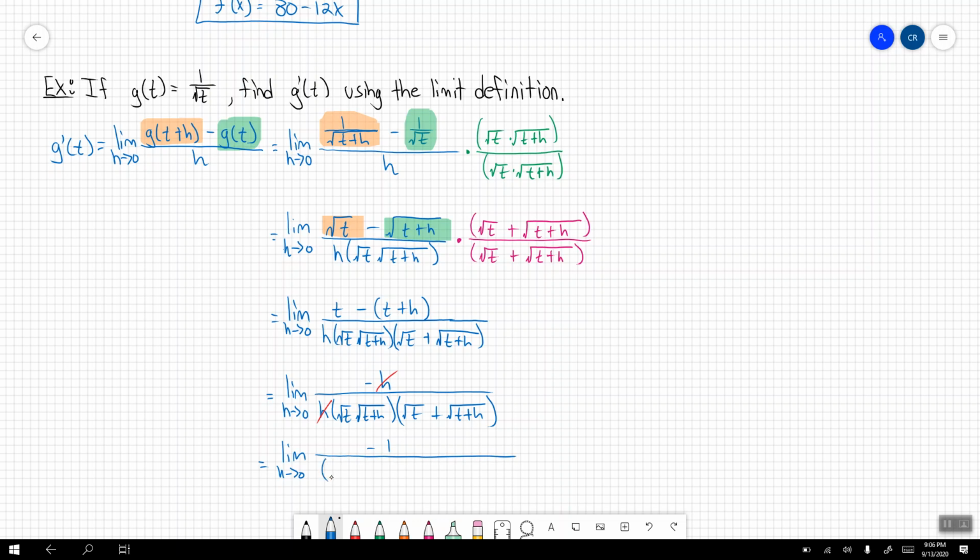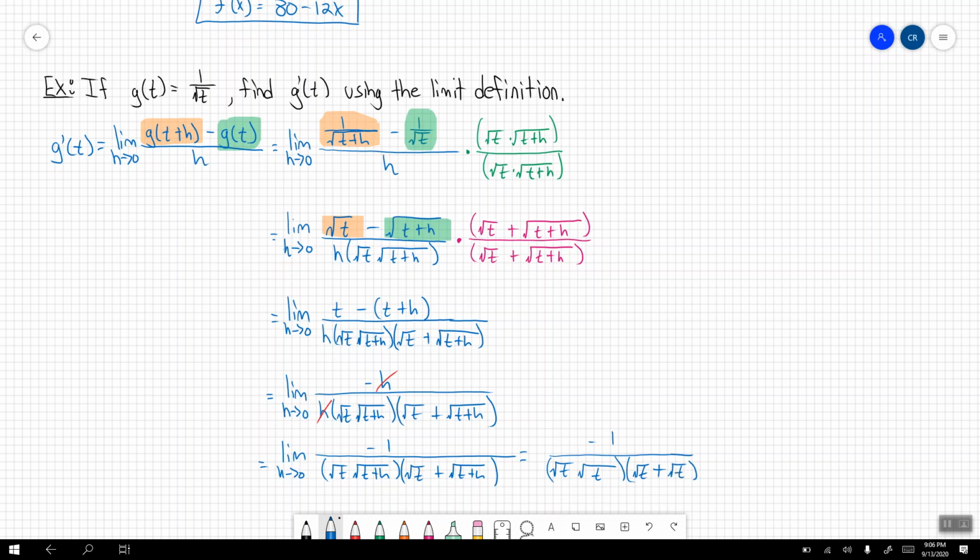Negative 1 divided by square root of t times the square root of t plus h, multiplied by square root of t plus square root of t plus h. As we take the limit as h goes to 0, we're now left with negative 1 divided by square root of t multiplied by square root of t, because again, plus 0, multiplied by square root of t plus square root of t.